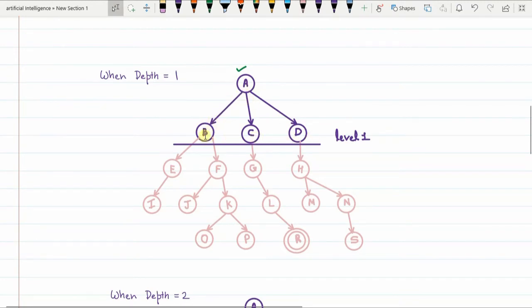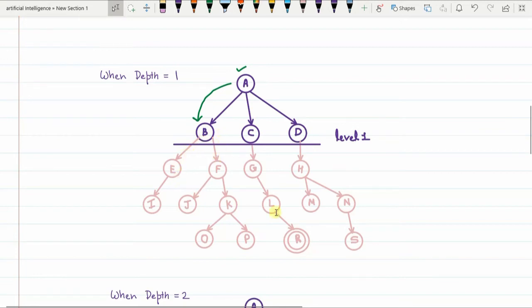Any one successor node or child node can be chosen. Let's say B is chosen. So from A we go to B. Then we check whether B is a goal node. B is not a goal node, so B can be expanded further. But we realize that B does not have any child nodes.